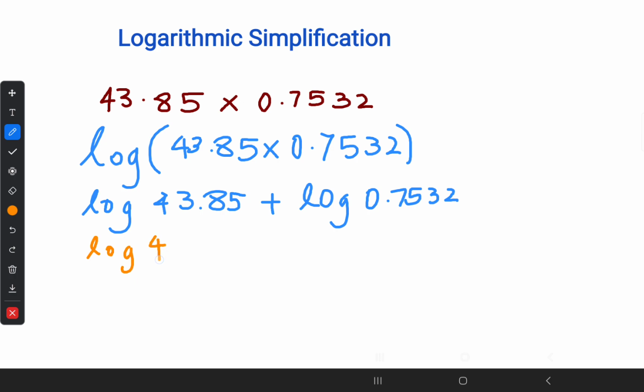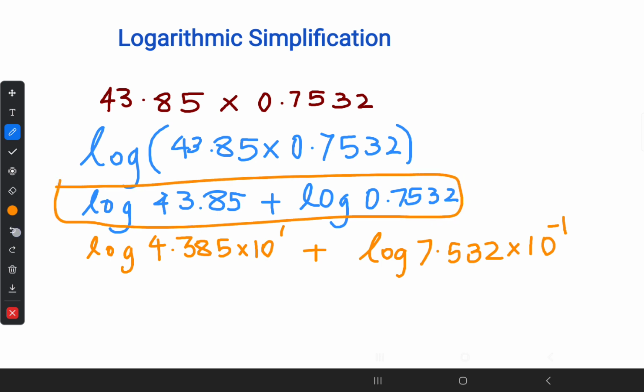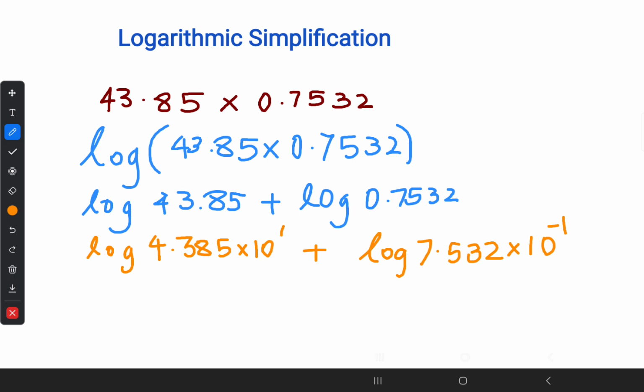It should be indicated as log 4.385 with 10 to the power of 1, plus log 7.532 multiplied with 10 to the power of negative 1. What I did, after multiplication became an addition, then you should convert them into scientific notation. That means multiplication of a number between 1 to 10 and 10th power. That's how I indicated this one.